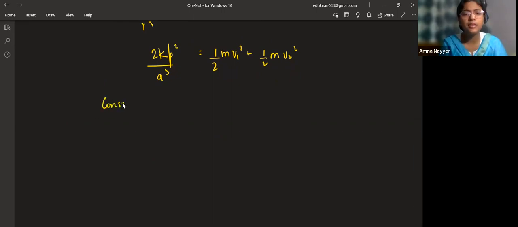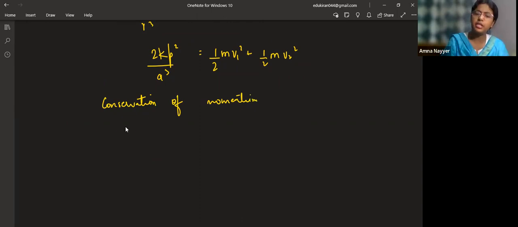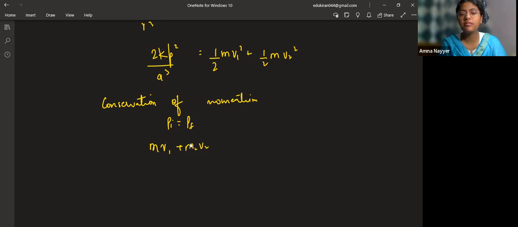So in conservation of momentum, initial momentum is equal to final momentum. Don't be confused with dipole moment, that is also P. This is capital P. So here also m1 v1 plus m2 v2 is the final momentum.